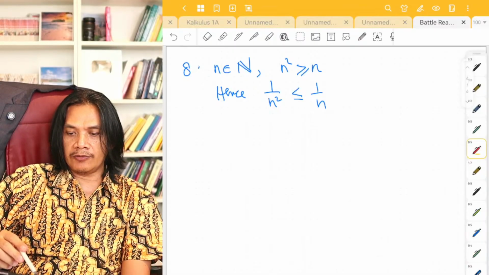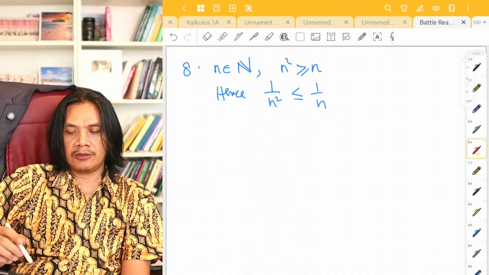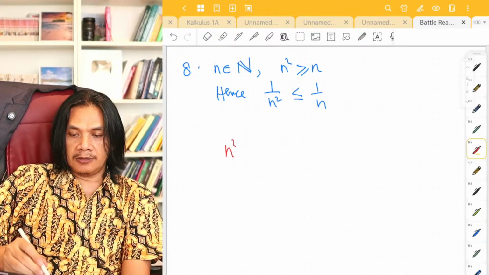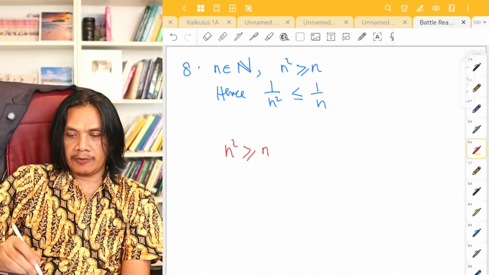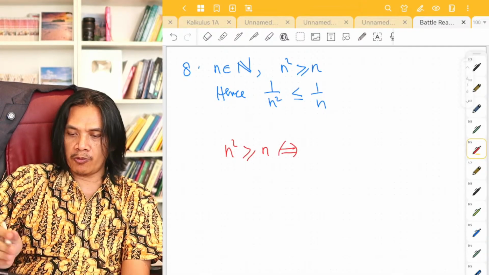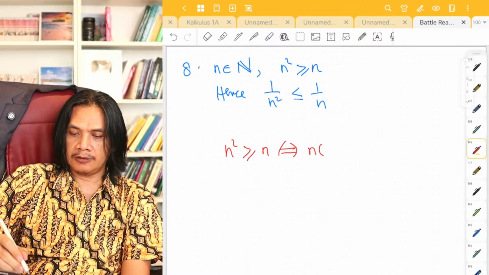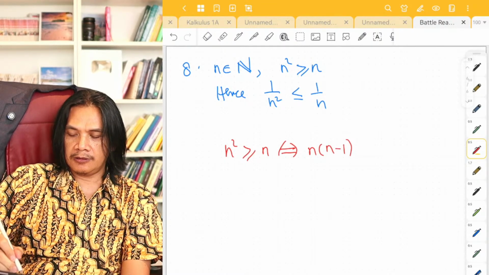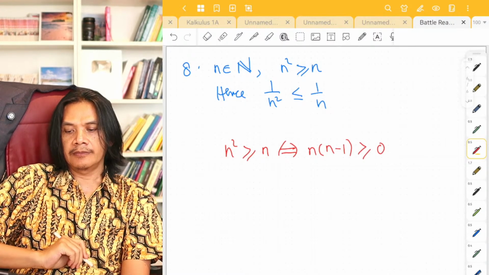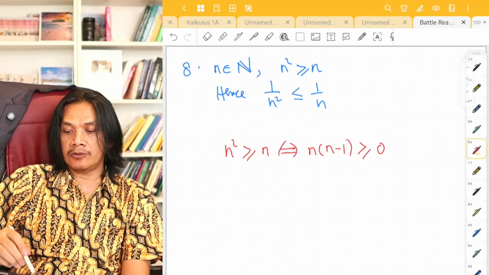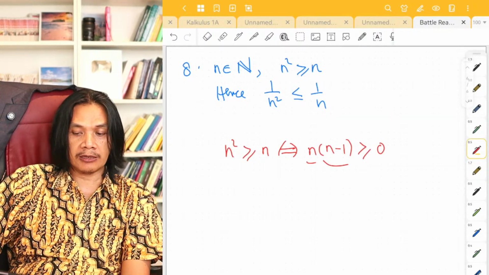Oh, okay. Instead of this, you rewrite it into something more convenient. Just move everything over, and n minus 1 is bigger than 0. So now you want to make an argument to say this product is not negative.